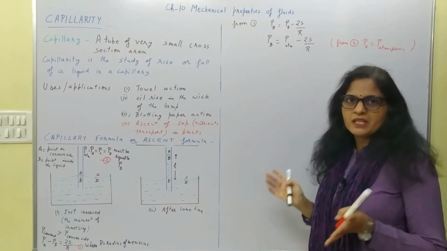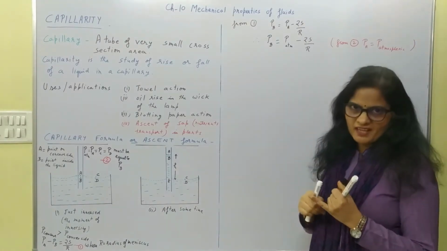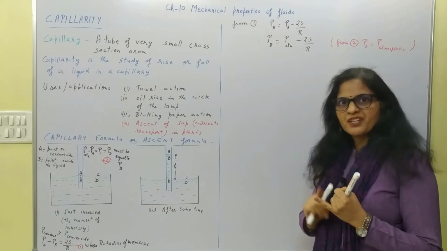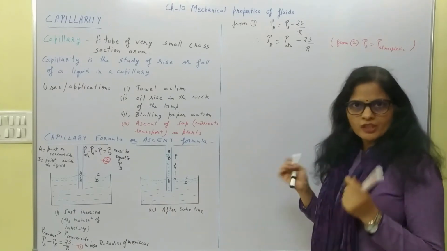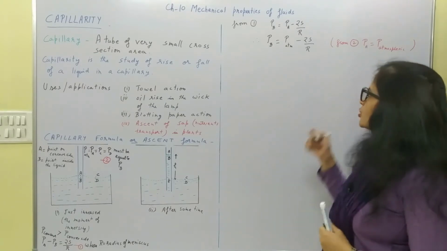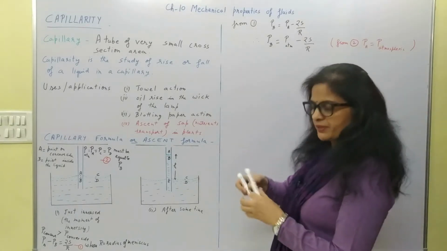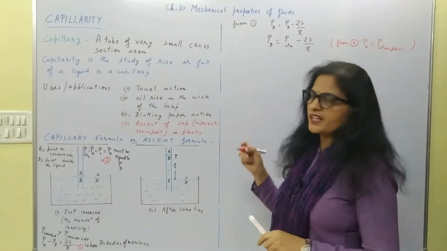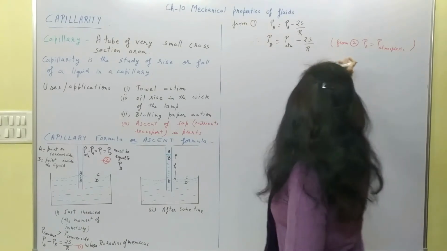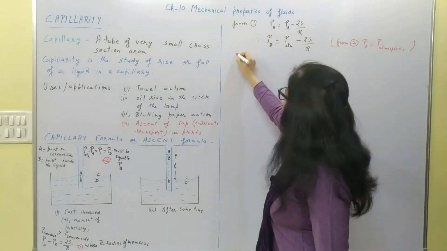That means pressure at B is not same as pressure at A, pressure at C and pressure at D. That is not the equilibrium condition then. So to attain equilibrium, what happens is that the liquid rises in the capillary. So this is unstable.